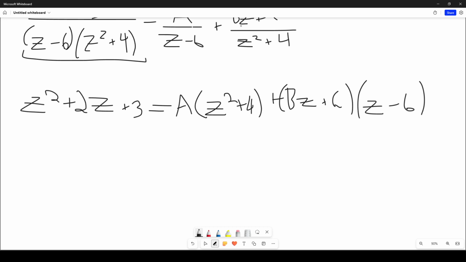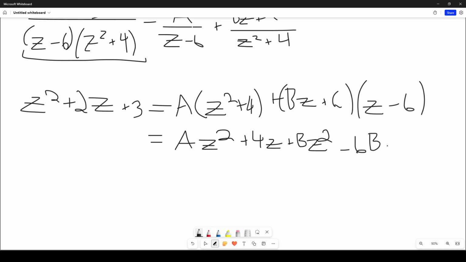So we're going to factor the right side in a slightly different way. Let me just multiply this all out to make this as clear as possible: Az squared plus 4A, plus Bz squared, minus 6Bz, plus Cz, minus 6C. Okay?